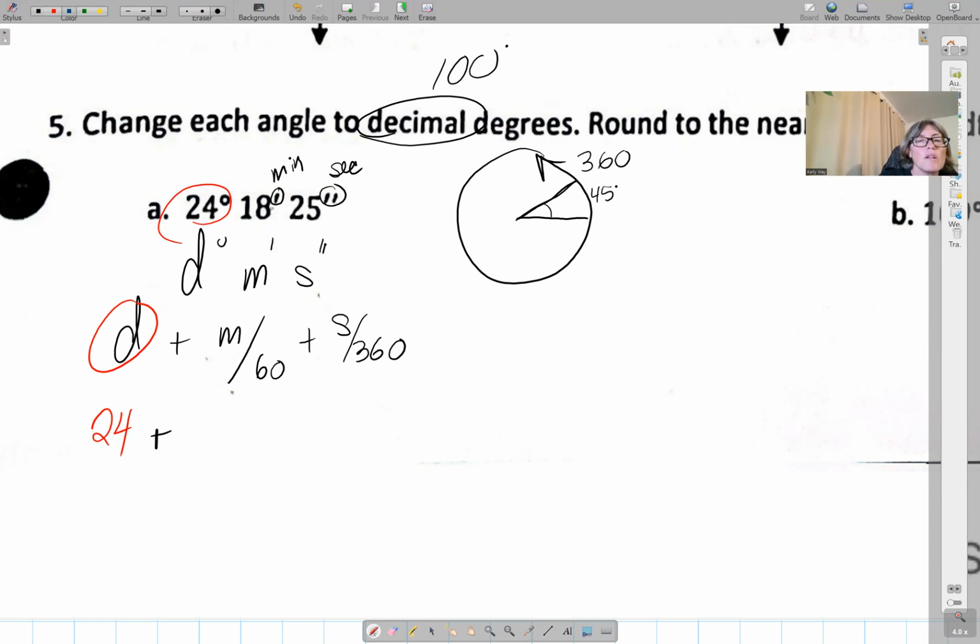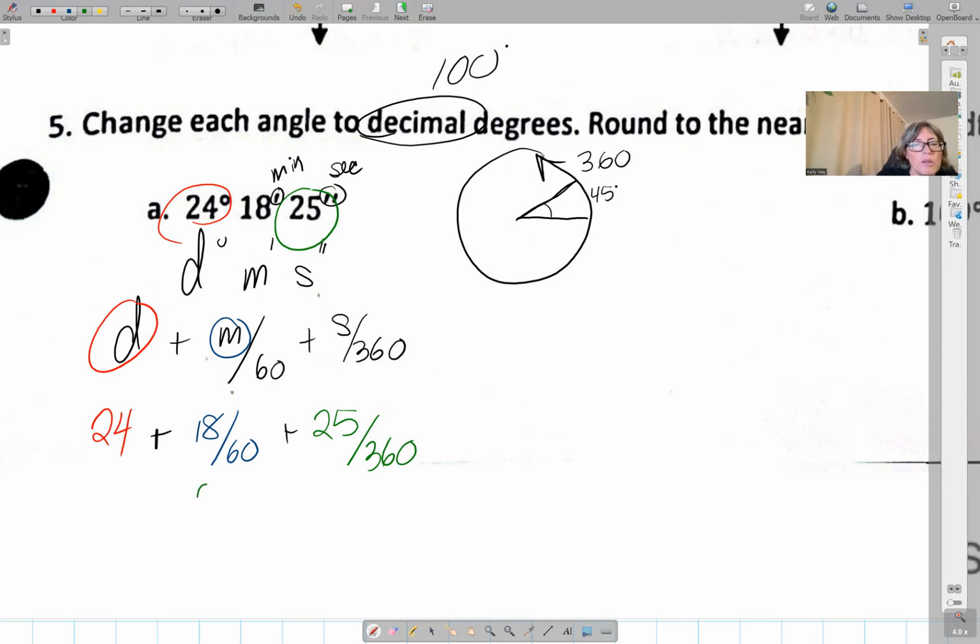plus I do 18 divided by 60 plus 25 divided by 3600. And you're going to need a calculator here. So first I'm going to do 18 divided by 60.